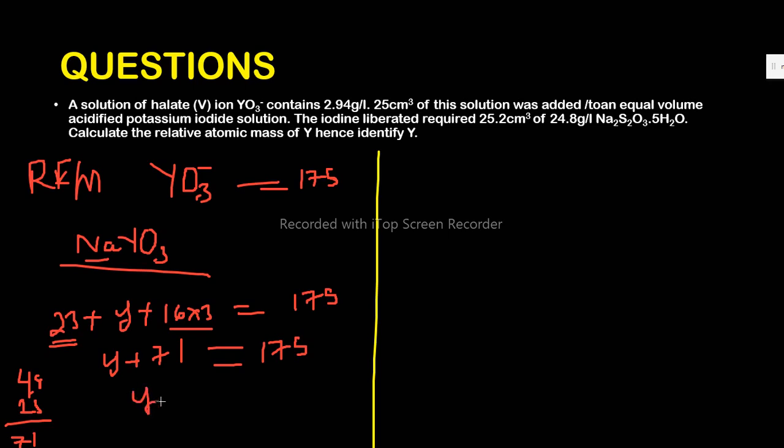So our Y is 175 minus 71. I think Y therefore becomes 104. So you go to the periodic table and find which one has a RAM of 104. Anybody with a periodic table? They are with you?